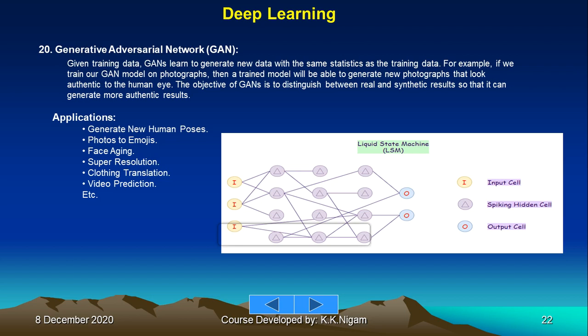The objective of GANs is to distinguish between real and synthetic results so that it can generate more authentic results. Applications: generate new human poses, photos of emojis, face aging, super resolution, clothing translation, video prediction, etc.